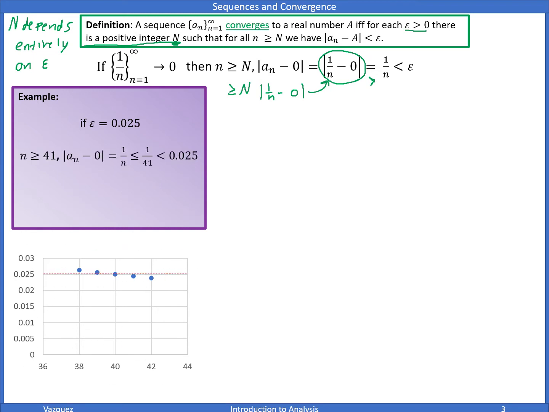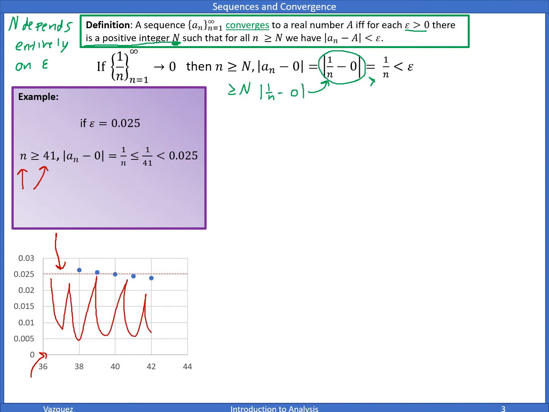Okay, so that means, as we had said last slide, that after you get to the 41st term and afterwards, they're all within our goal. In the picture last time, they were all within our goal. And you can see it down here. This line represents our goal, and 0 is down here. So we want our points to be within this area.